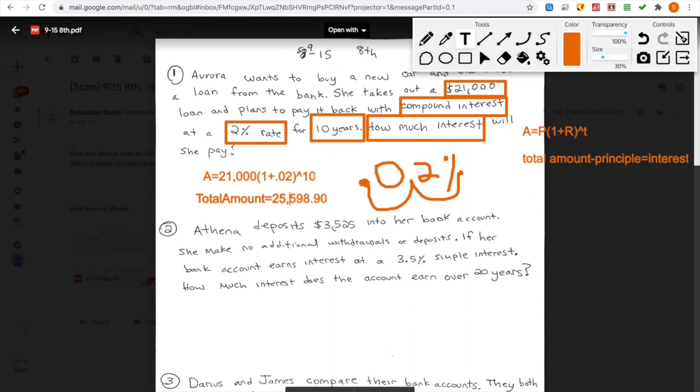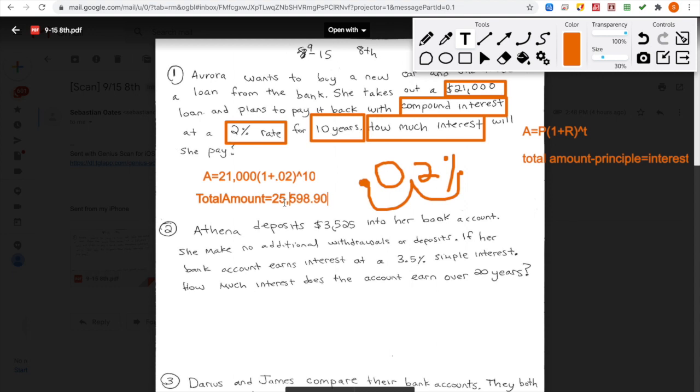But we're not looking for the total amount according to the question. We're only looking for the interest. So we have to find out how much it went up from 21,000 to 25,598.90. So a way to imagine this is, say you start with $1. 5 years later, you check your bank account and now it's at $5.